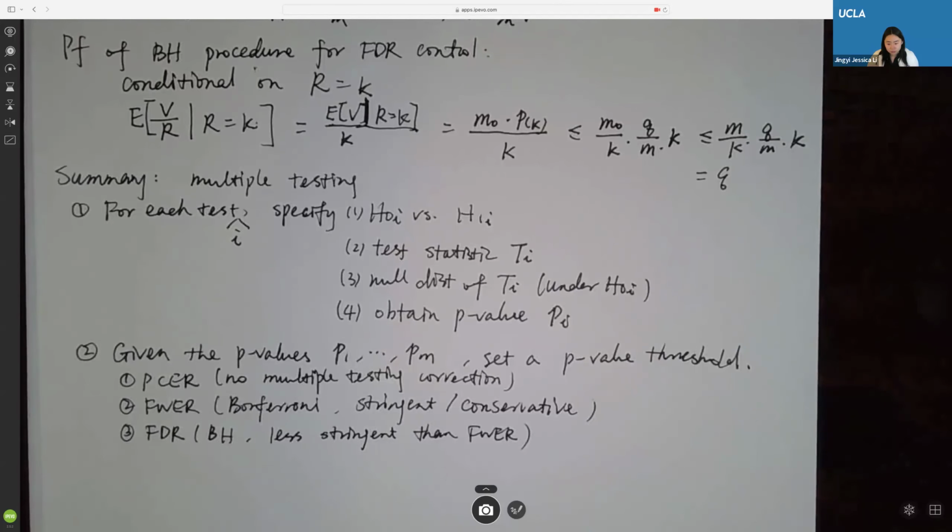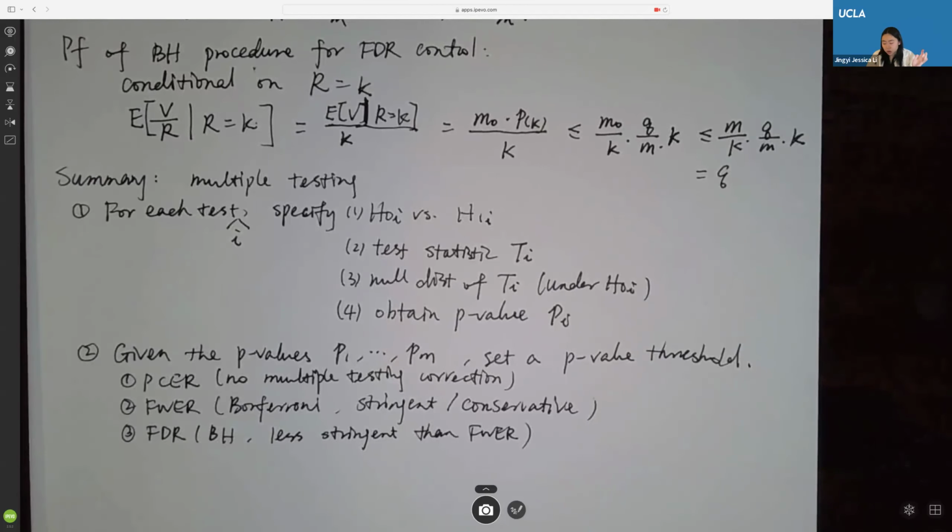Does that make sense? So I would say for any method, any test statistic, what you can do to set a p-value threshold is to control the type 1 error, the false positive thing. And then if you have multiple choices for your methods, you can compare their power and say which one is more powerful.